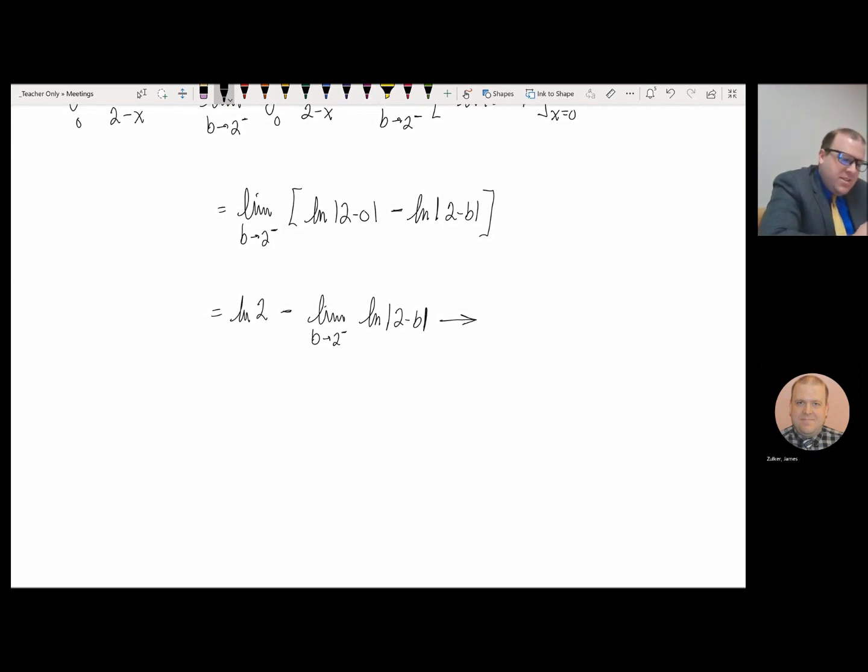So I'm going to say this approaches infinity. Keep in mind, I technically did a no-no, because that second limit doesn't exist, I'm not allowed to actually split the limit. That's why I'm not saying equals, I'm saying approaches. That limit does not exist.